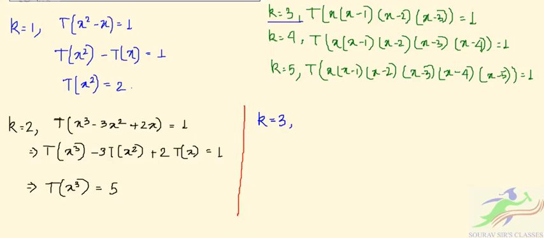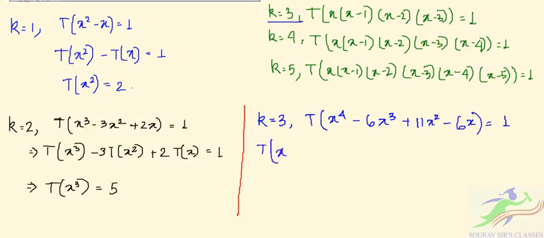It will give us T of x to the power 4 minus 6x cube plus 11x square minus 6x is equal to 1.